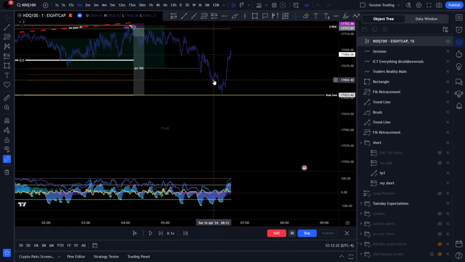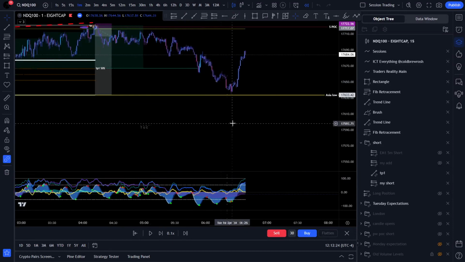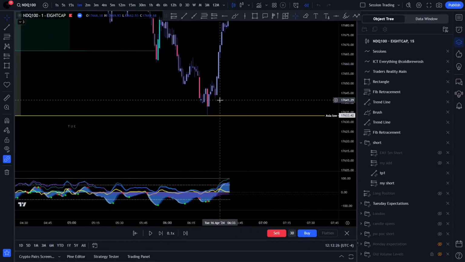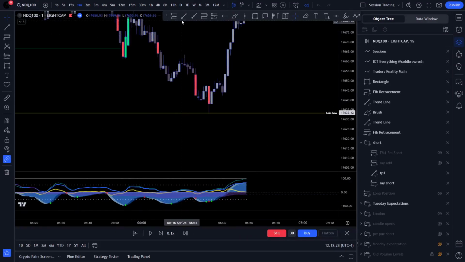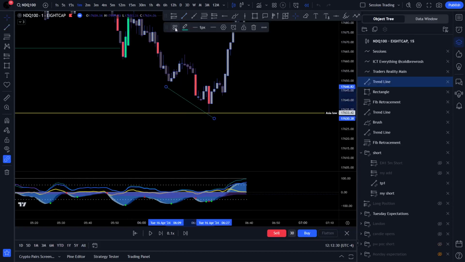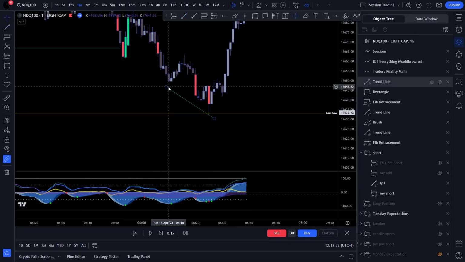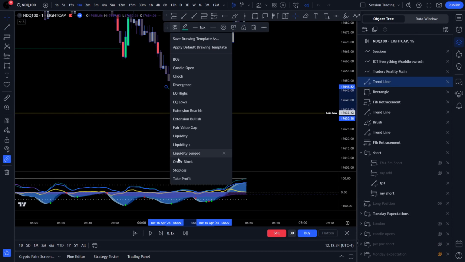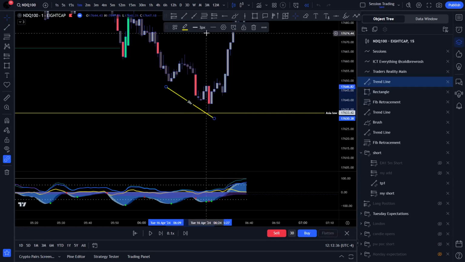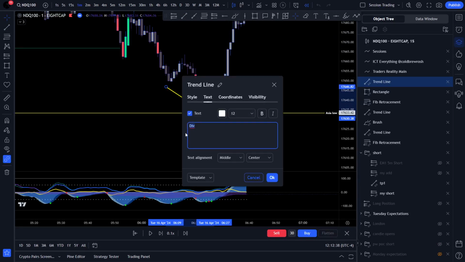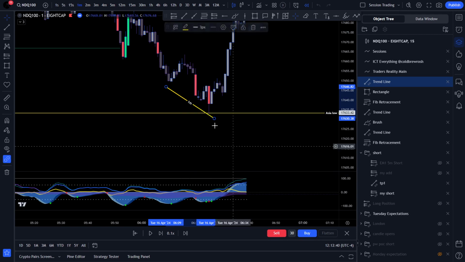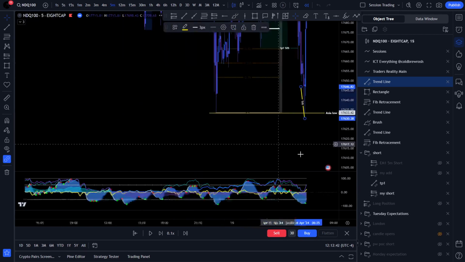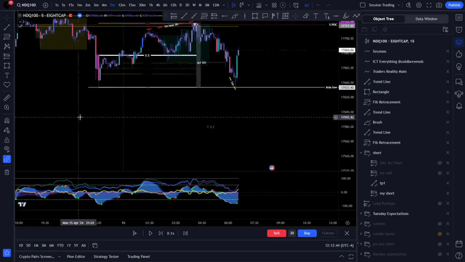So as we came down to that Asia low, we started to put in divergences. You can see those here. I'll just outline the most obvious one at the bottom. Although I think we did have them on the higher time frames.